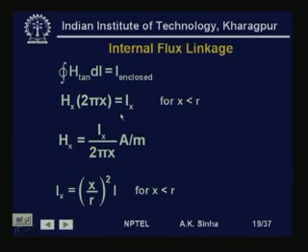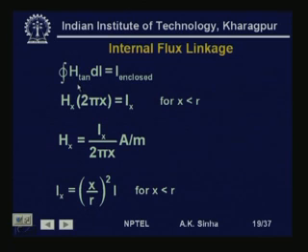Therefore, from Ampere's law we know that the integral of the tangential component of H into dl over a closed contour is equal to the current enclosed. So, using this relationship for this contour we get Hx into 2 pi x, which is the contour length when we integrate it.